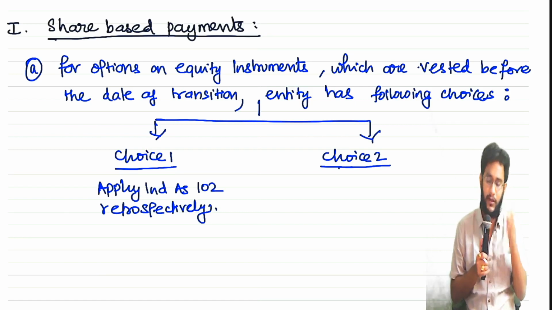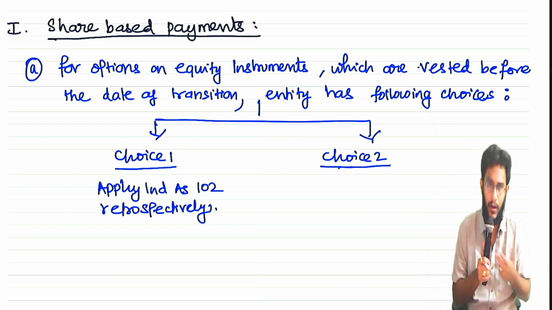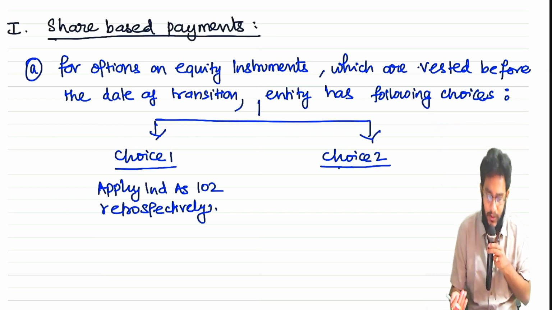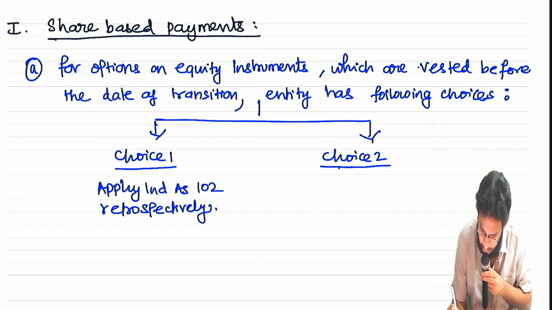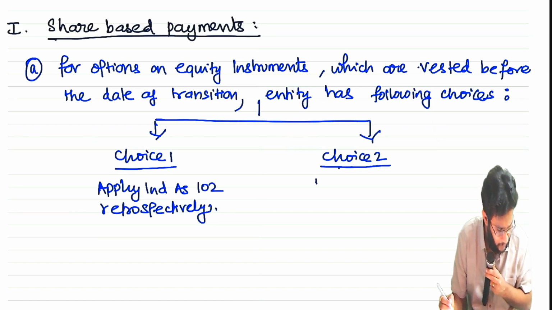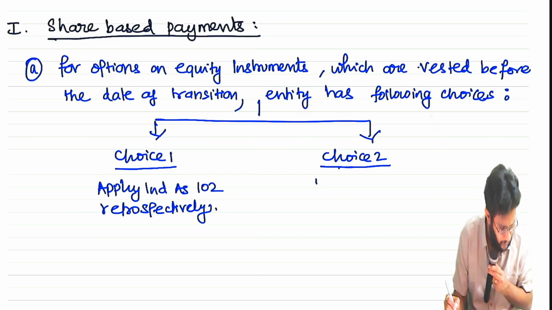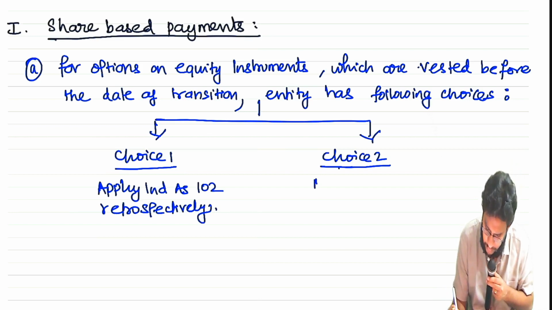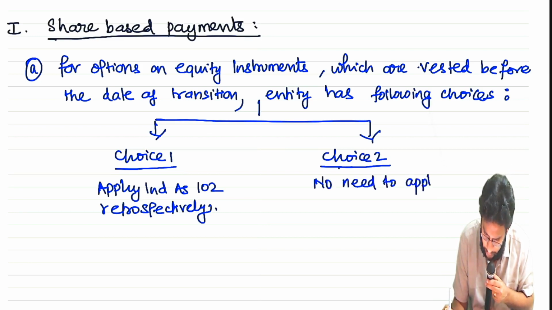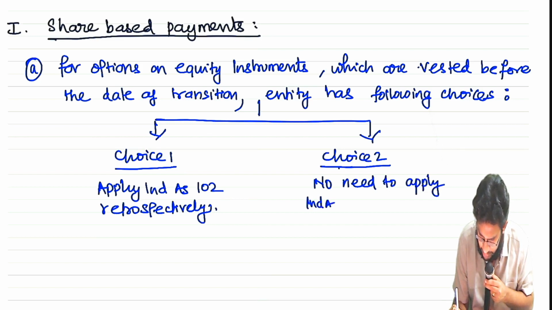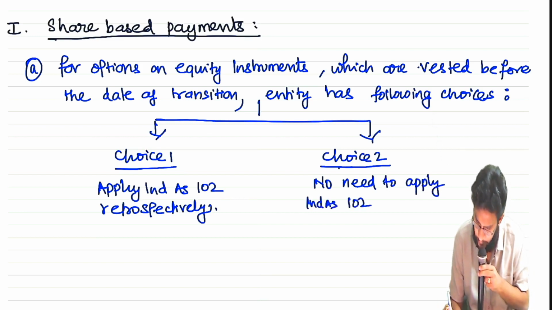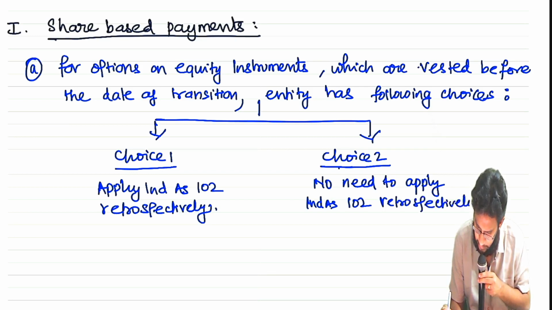If you are asking an entity to apply the first choice, that means they are actually not taking any exception or exemption from Ind AS applicability. But choice 2 is, no need to apply Ind AS 102 retrospectively.